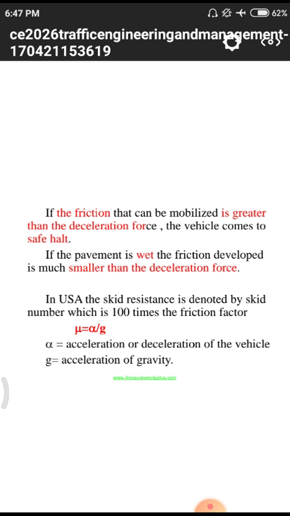Why? Because normally in our houses we observe different types of tiles. In these tiles, there is some with a huge amount of friction and some with less friction. Normally in bathrooms and other such places we use high-friction tiles. Why? Because bathrooms are in wet conditions daily.